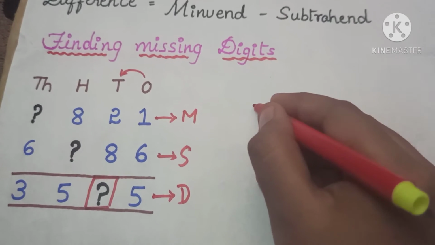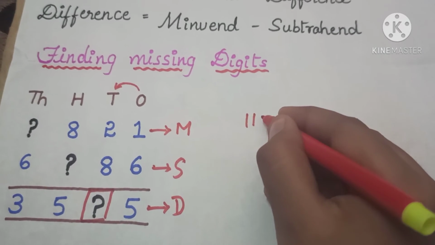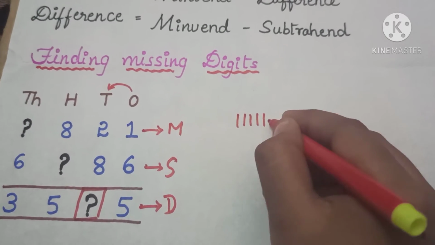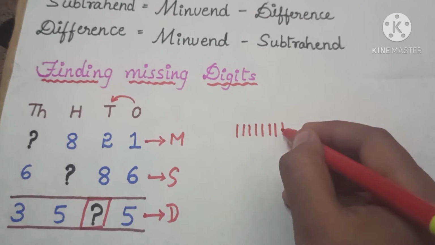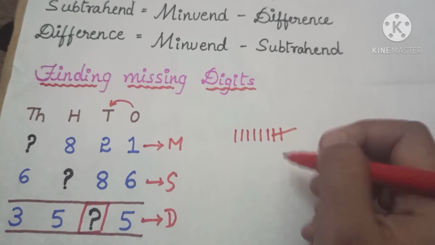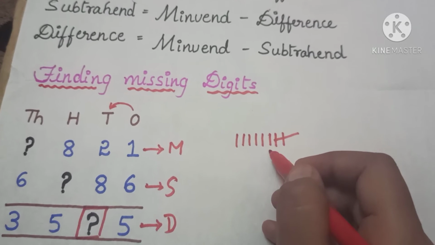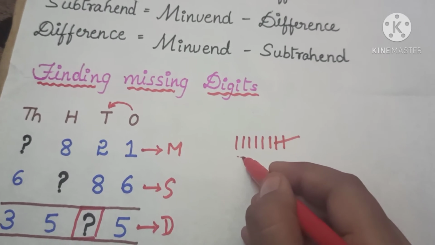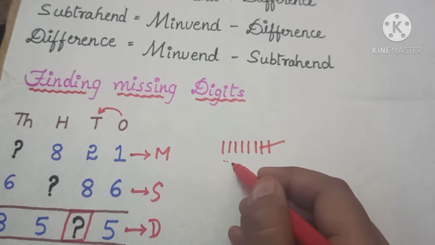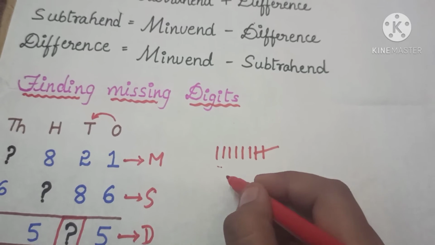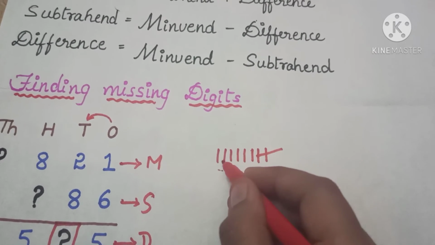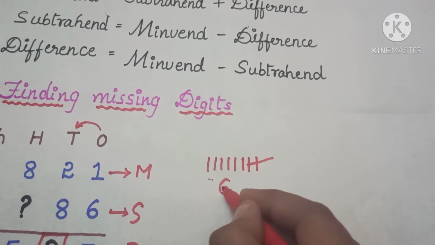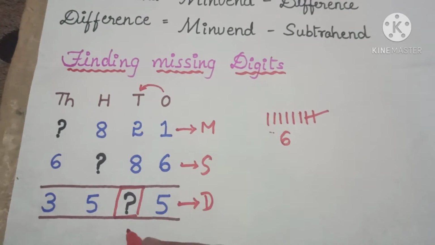It means that whenever you are subtracting 2 from 8, counting 1, 2, 3, 4, 5, 6, 7, 8, how much value do you get? Yes, tell me. 1, 2, 3, 4, 5 and 6. You get the value of 6 here.